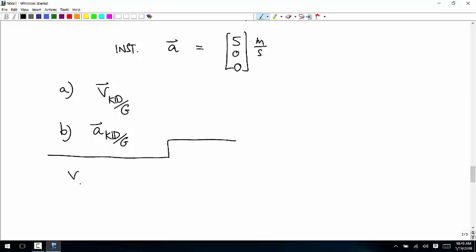Well, the velocity of the kid relative to the ground is equal to the velocity of the kid relative to the center of the carousel plus the velocity of the center of the carousel relative to the ground.